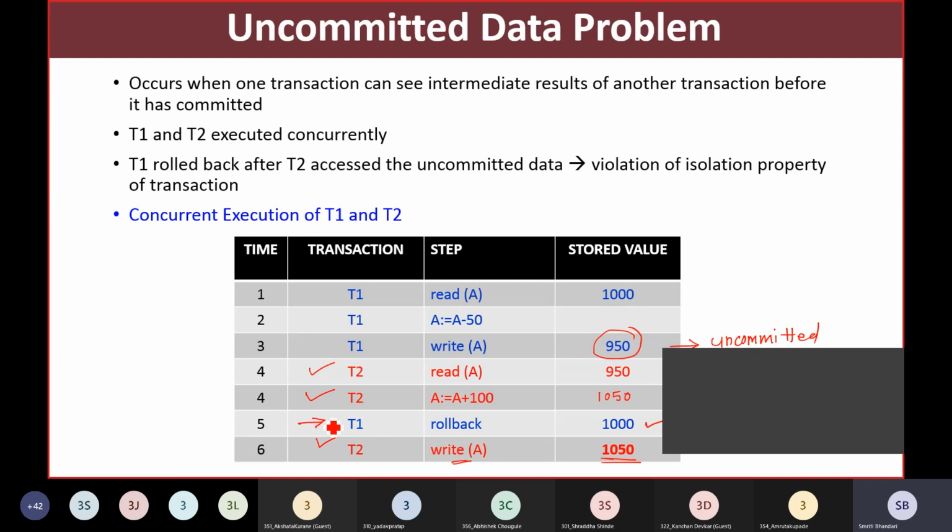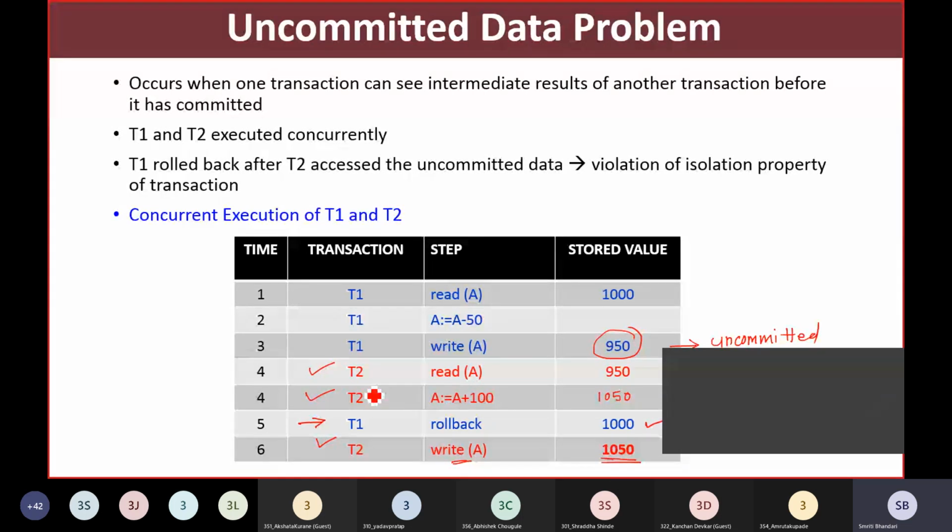But now please see here, as T1 has rolled back, this T1 needs to be nullified, right? And T2 only is valid. And ultimately, the expected value is 1100 because only T2 has successfully come. But what has happened? The value that is being stored in the database is not 1100, but it is 10.